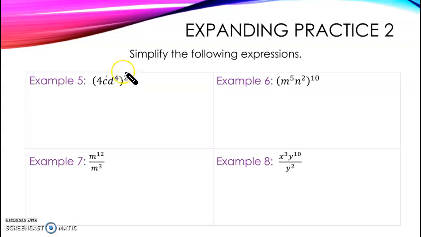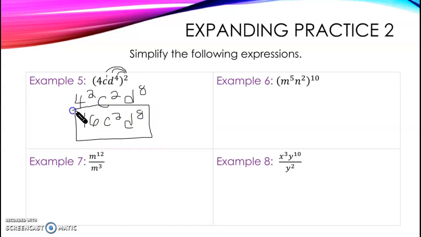But we are going to distribute, if you will, this second power to each of those. So we're going to get 4 to the second, c to the second, and d to the 8th. And so that's going to simplify even more. 4 squared is 16. And this is clear if you also write it out in an expanded form from there.